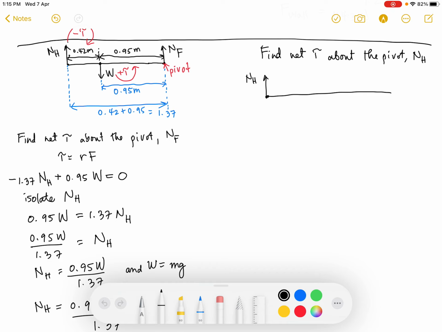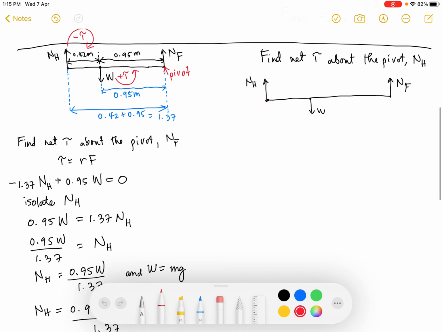So that's NH, that's the weight force, and that's NF. We choose our pivot point to be at NH. Now our lever arms.